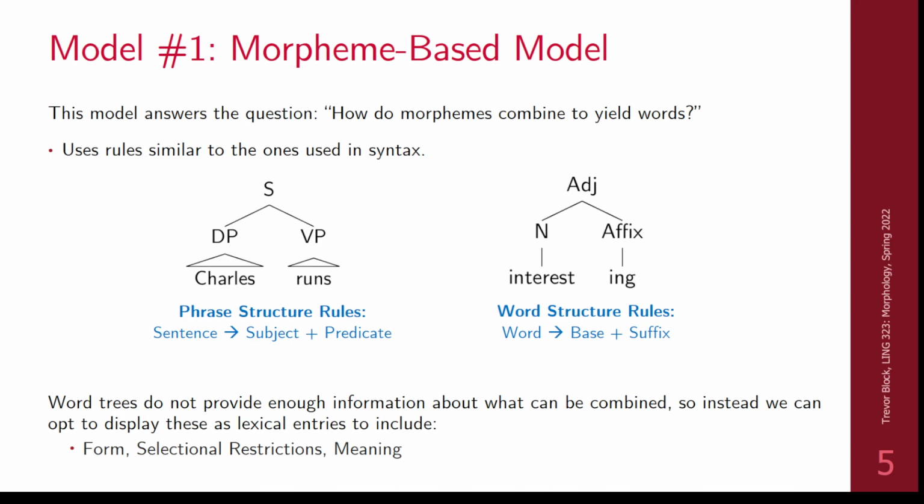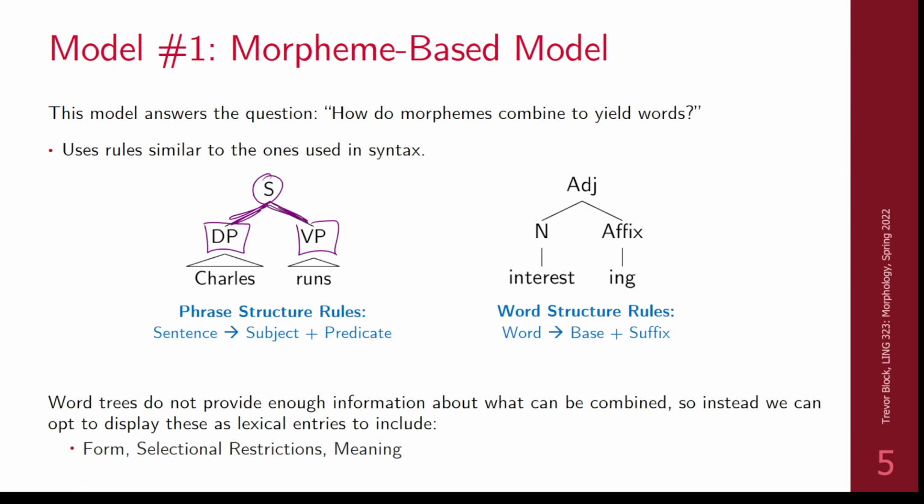So when we think about how words are created, we might think in a concatenative sense, like morphemes are combining to create words. And one of the assumptions of concatenative morphology is that it behaves similar to syntax. So in syntax, we have rules like a sentence has a subject and a predicate. So a subject is a DP here, a predicate is a VP, and we can note this hierarchy split with the tree structure.